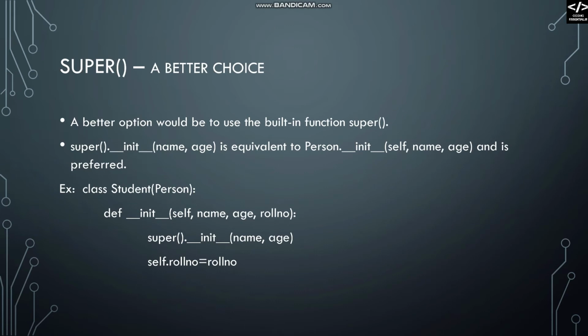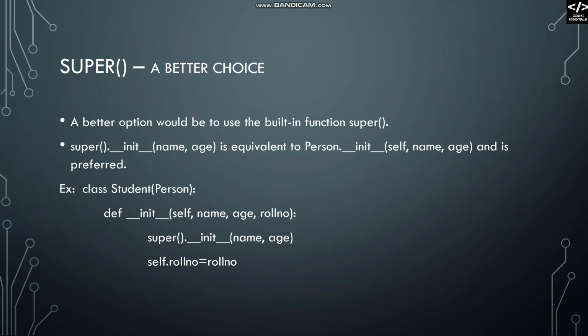Moving on to super, it is a better choice. A better option would be to use the inbuilt function super. So instead of writing Person.__init__, we will write super().__init__, then name, comma, age. It is equivalent to that, but we also no longer need to write self. And the super built-in function is more preferred among coders.